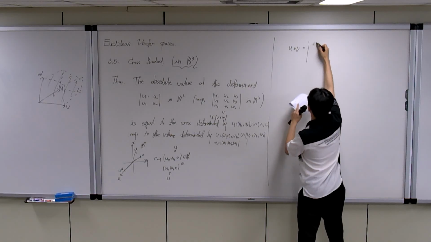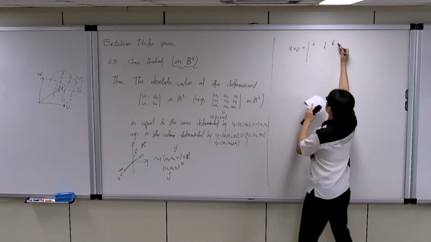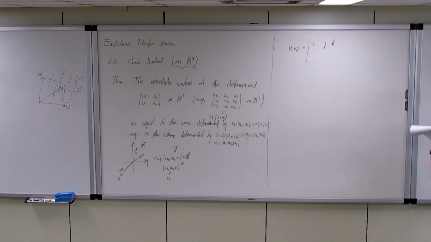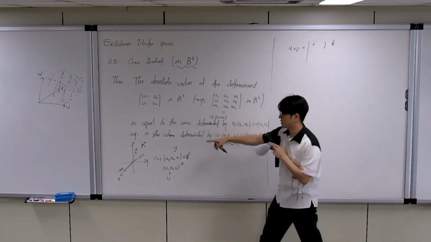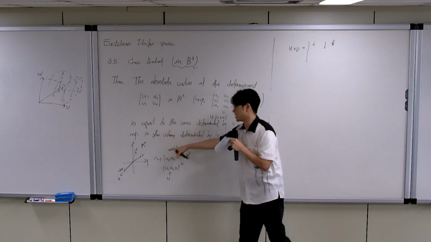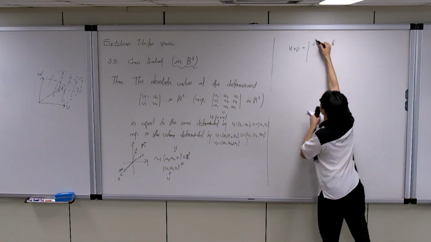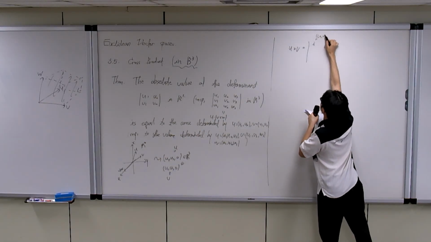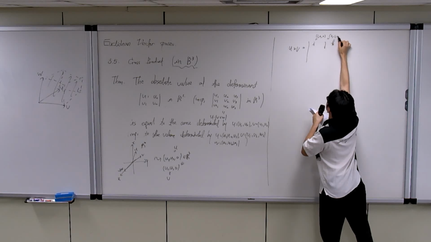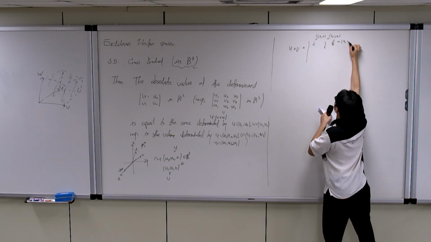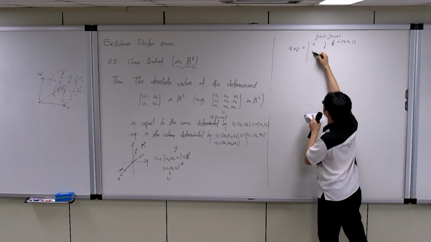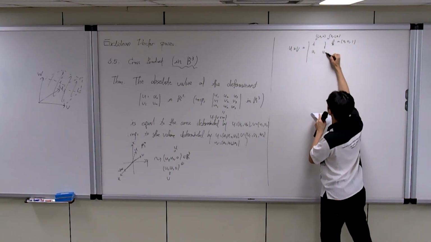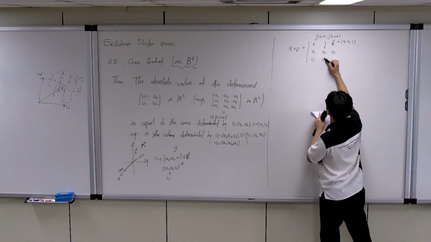Usually the first row is written i, j, k, or I used the notation x, y, z. You might think of it as vectors, and then u1, u2, u3, v1, v2, v3.